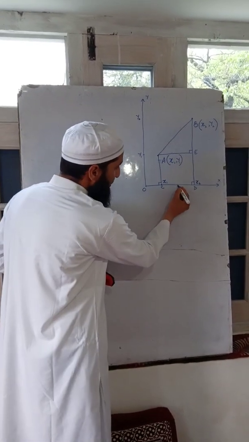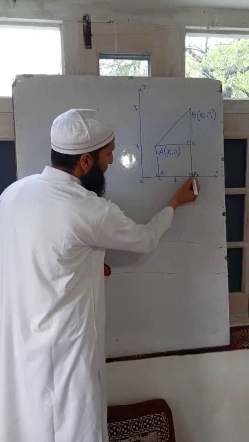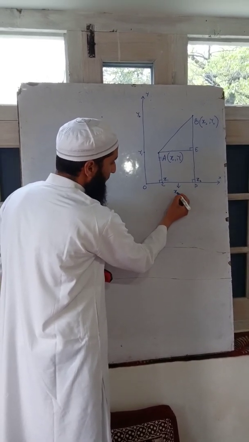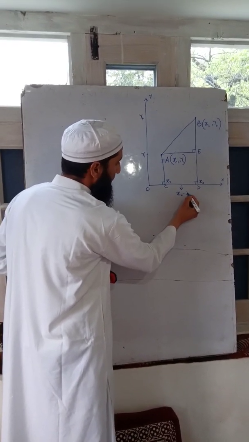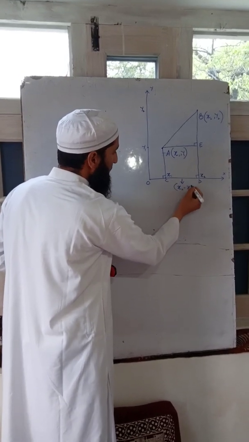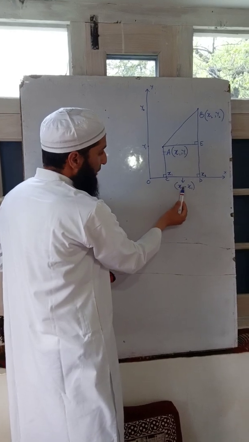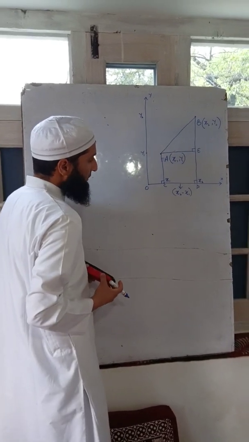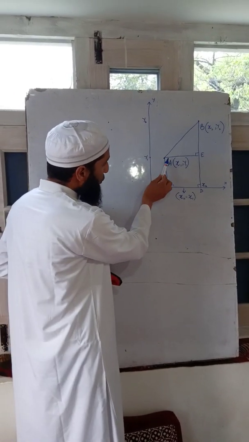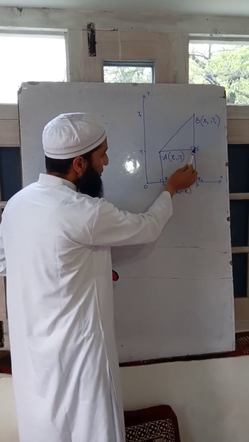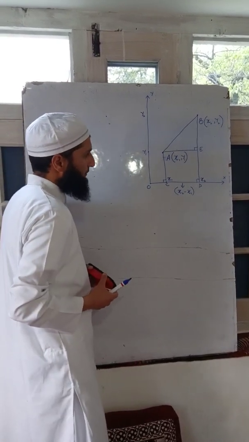Now CD will be equal to x2 minus x1. AE will also be equal to x2 minus x1. This is because this quadrilateral ACDE forms a rectangle.